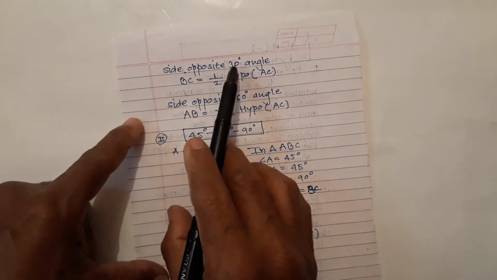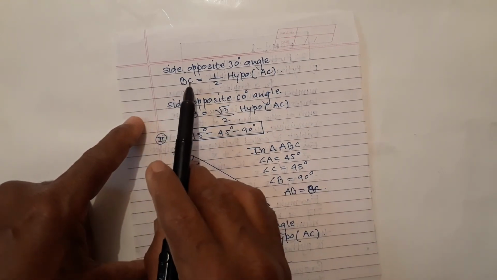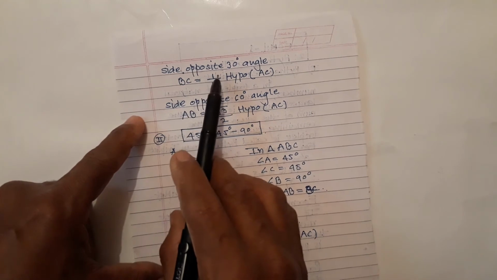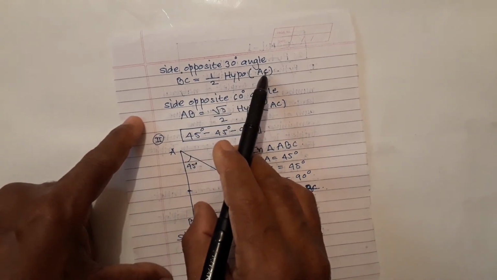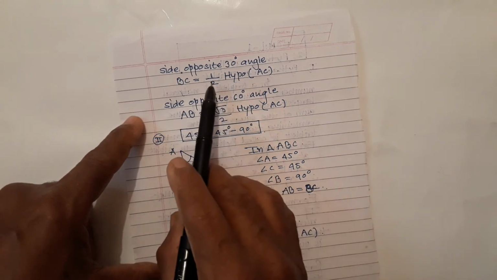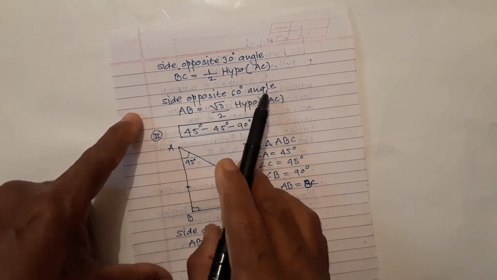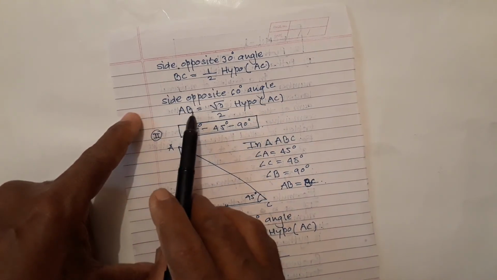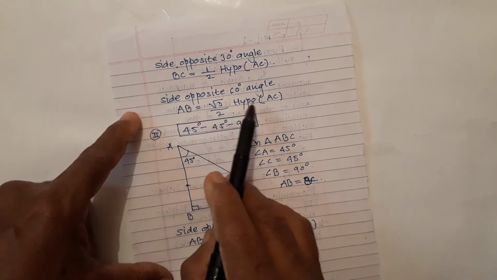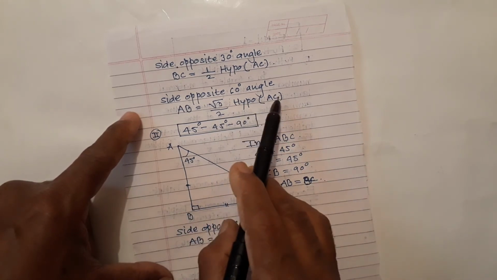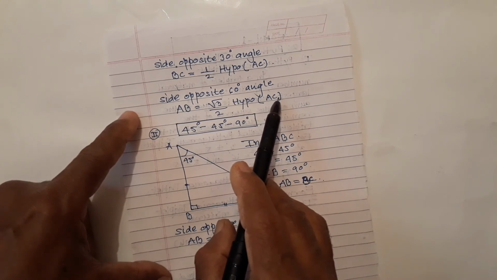The side opposite to the 30 degree angle, that is in our case BC, is equal to 1 upon 2 into hypotenuse AC, means half of the hypotenuse. The side opposite to the 60 degree angle, that is AB, is equal to root 3 upon 2 into hypotenuse. In our case it is AC.